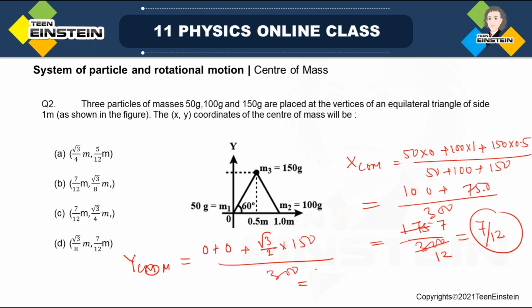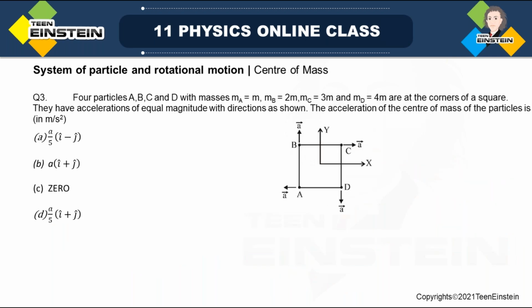So this would give you root 3 by 4. So this option will be the correct answer. The y coordinate will be root 3 by 4, and these are all in meters, and the x coordinate will be 7 by 12 meter. Okay, all right, so let us go to the next problem.